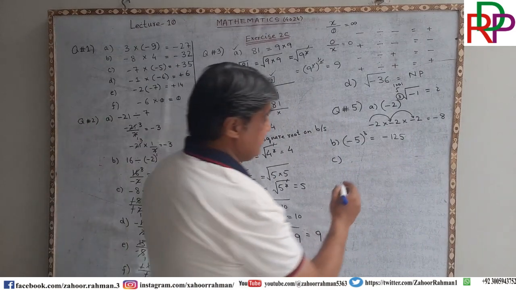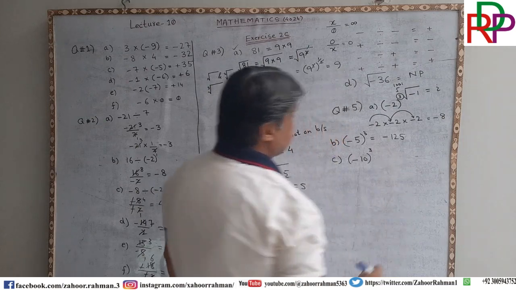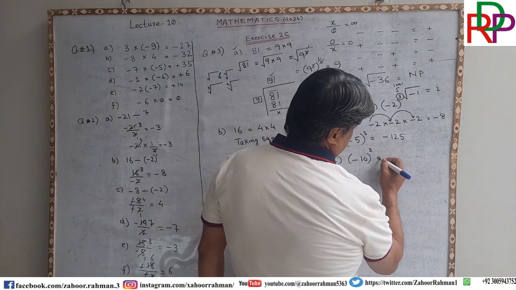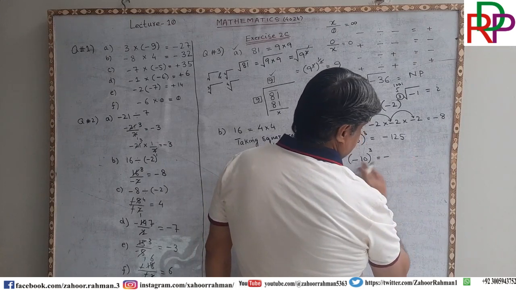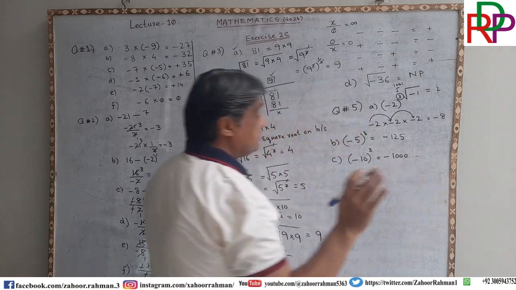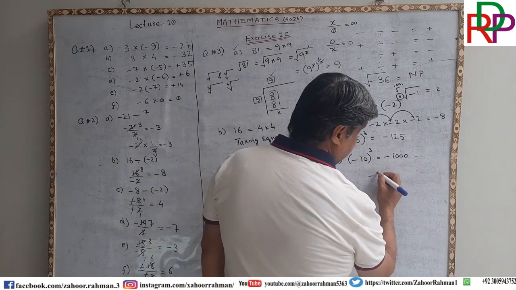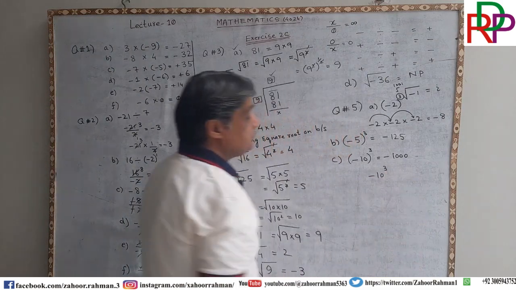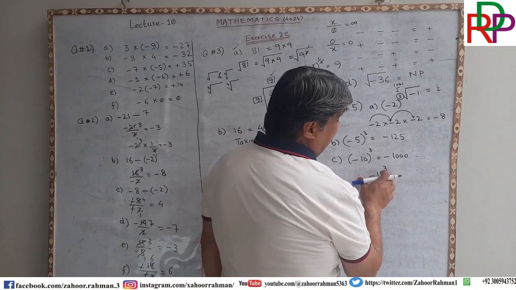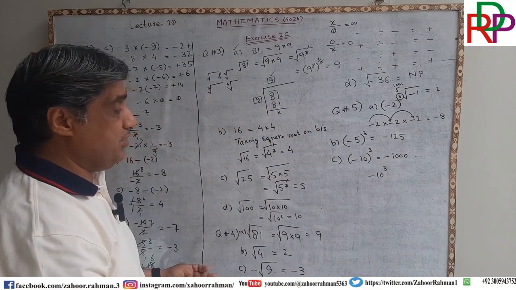Next is minus 10 cube. Okay, let me tell you something here. Minus is the answer, and this is the 1000. But if the question is given like minus 10 cube, then the students are bamboozled about what to do here.